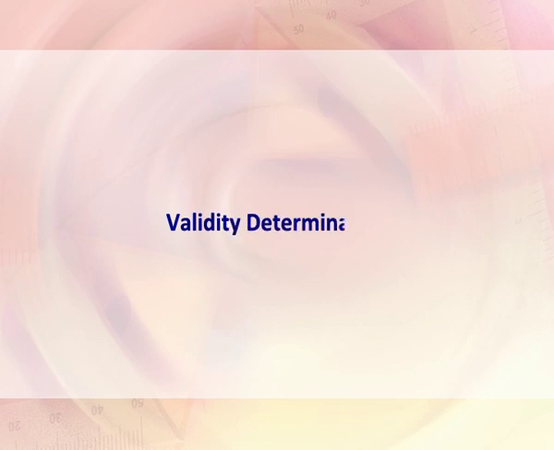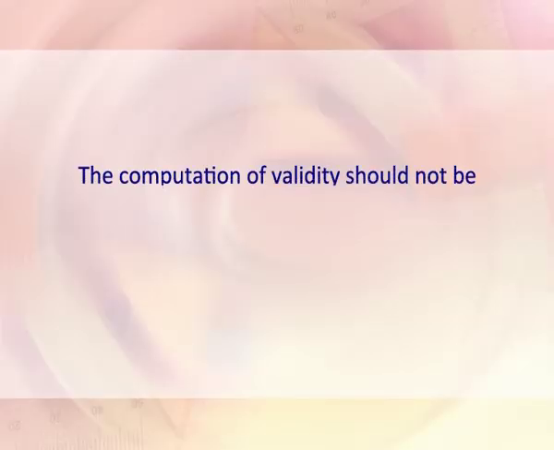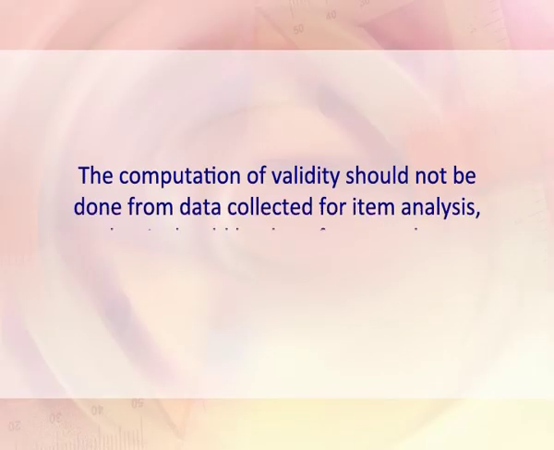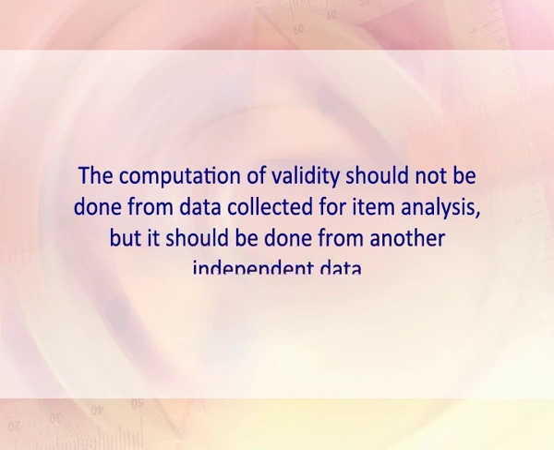The second thing is validity determination. After finding out the reliability of the test, the constructor determines its validity. For this, he compares his test with some external criteria. The computation of validity should not be done from data collected for item analysis, but it should be done from another independent data.